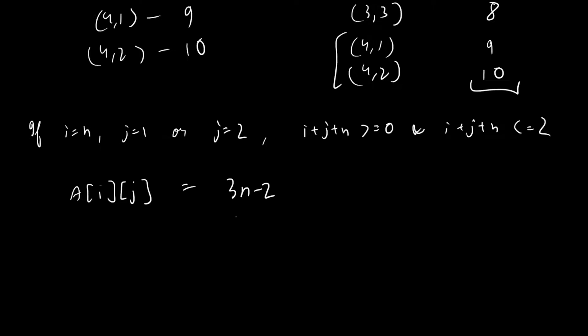So aij equals 3n minus 2, and then we could be adding j, I believe, or subtracting it from it. Like the last one should be equal to 3n minus 2. Second last should be equal to 3n minus 2 minus 1.